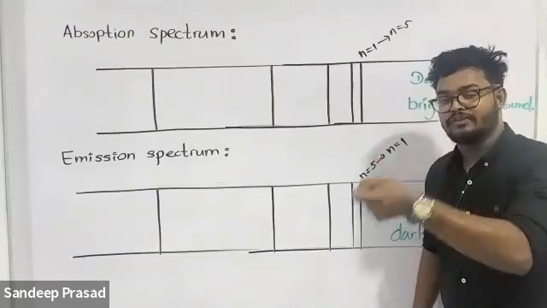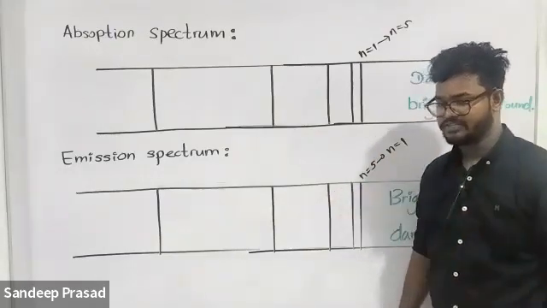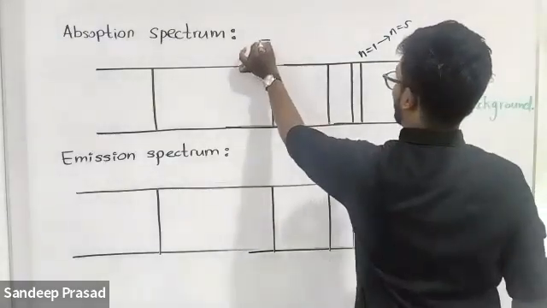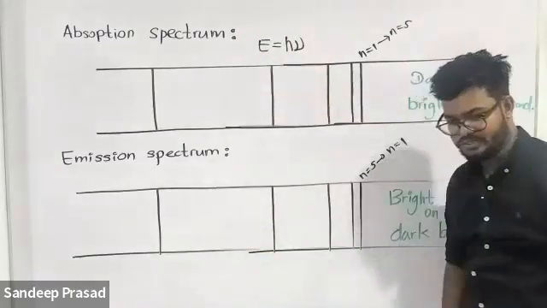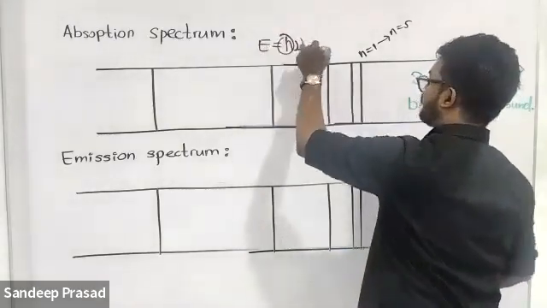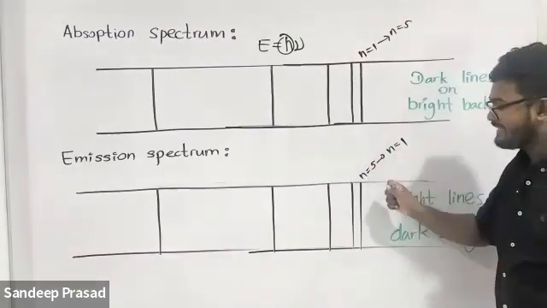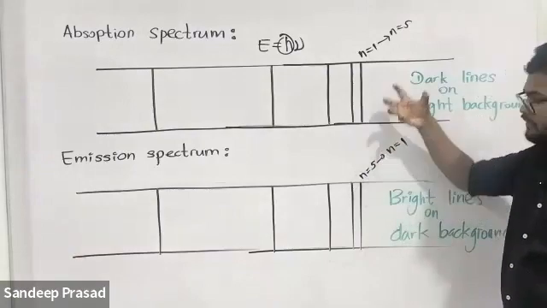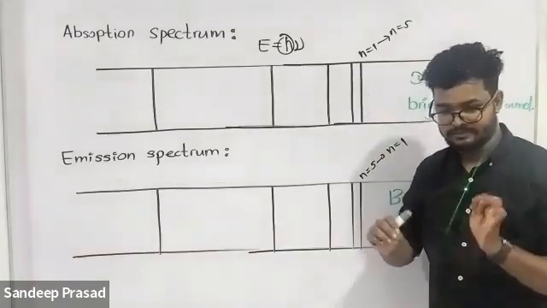The released amount of energy is equal to the absorbed amount of energy. Since energy is equal, you know that according to the E equals h nu equation, frequency is also equal, because h is Planck's constant. So energy is directly proportional to the frequency. Frequency and the corresponding energy gap of these two spectral lines are similar.